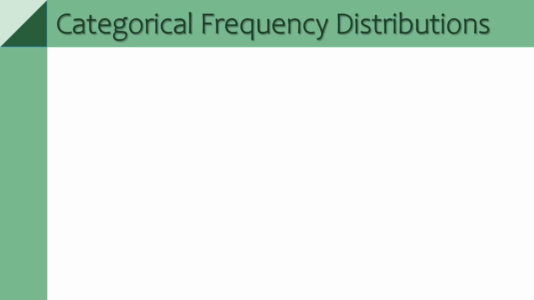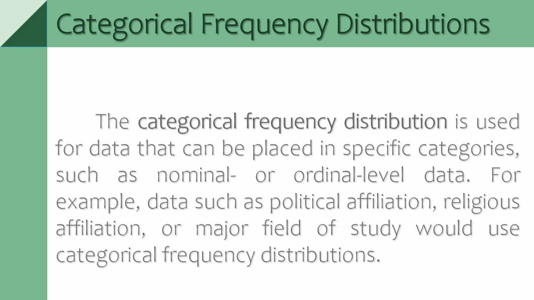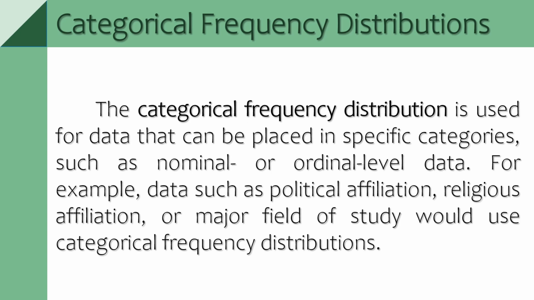Okay, so let's start with categorical frequency distribution. Okay, so the categorical frequency distribution is used for data that can be placed in specific categories such as nominal and ordinal level data. So again, si categorical frequency distribution, ginagamit lang siya sa nominal at ordinal data.